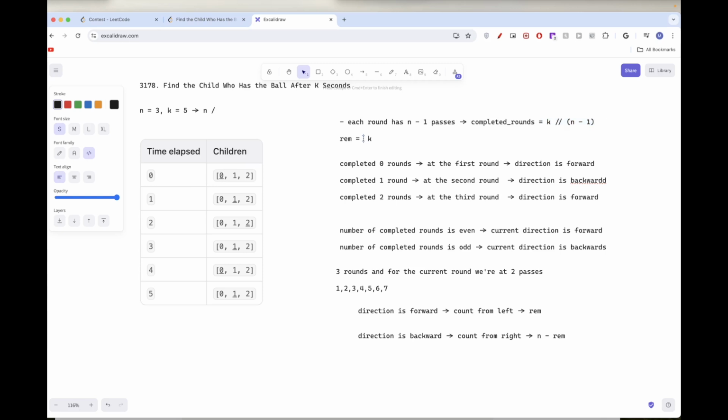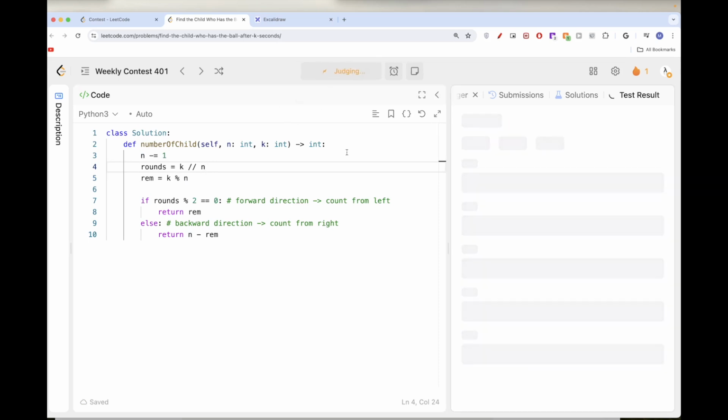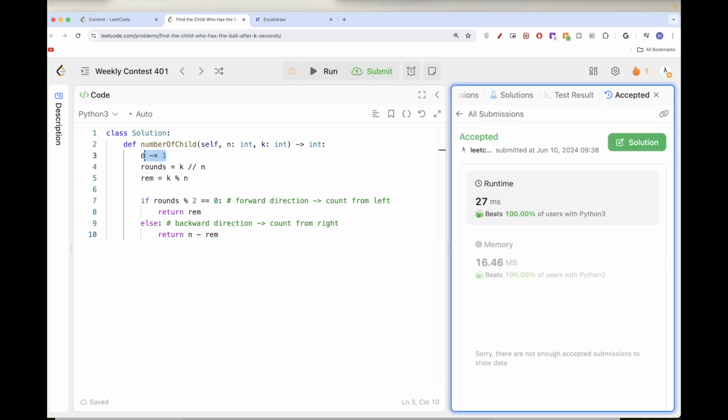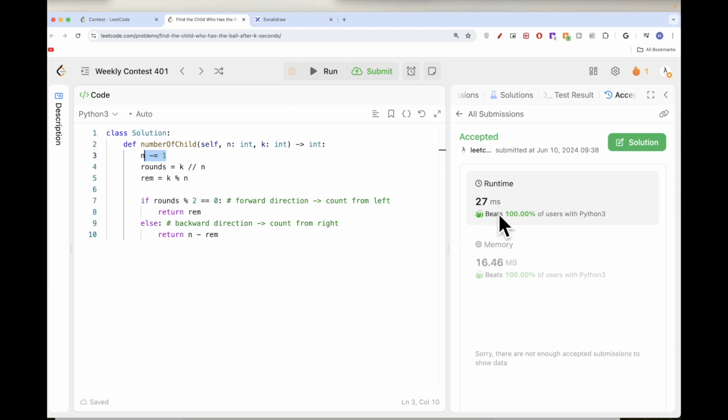Same thing here, sorry about that typo. Okay, so we can just adjust this. This needs to be k divided by n. Cool. Now it's intentional here to use n after we subtract 1, because remember, this is the number of passes, right? So it needs to be n-1, and this gets accepted.